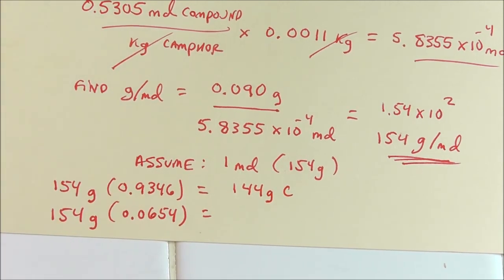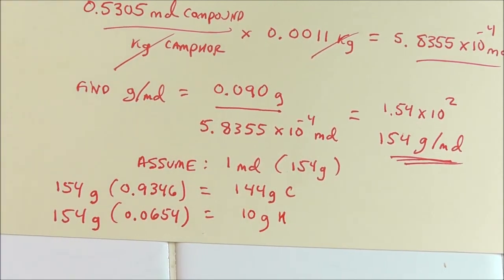And then the rest, which it better be 10, but I'll double check. They should all add up to 154 grams. So 154 times 0.0. This is a good way to find out. See, I just typed something in wrong. These both should add up to 154. So the 144, when I multiply 154 times 0.0654, it is just about 10 grams.